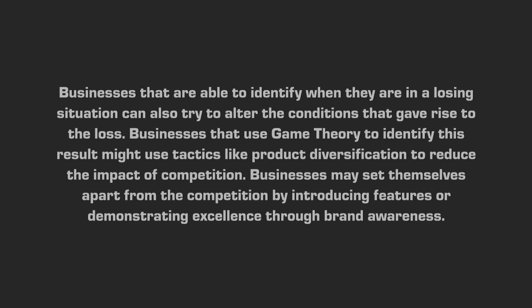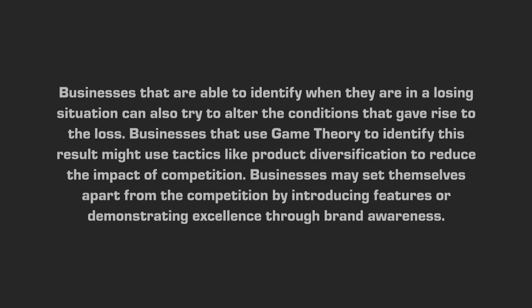Businesses that are able to identify when they are in a losing situation can also try to alter the conditions that give rise to their loss. Businesses that use game theory to identify this result might use tactics like product diversification to reduce the impact of competition.